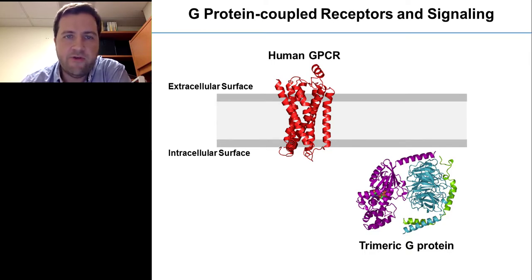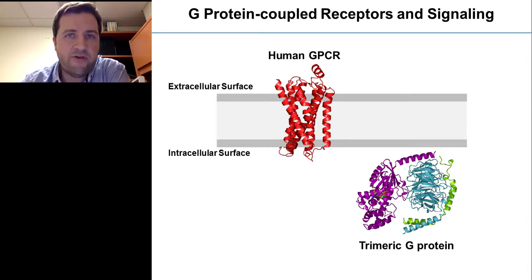And the GPCR is shown here in a red cartoon passing through that lipid bilayer on the cell surface. It has a 7-transmembrane or 7-TM architecture. Inside of the cell, below the intracellular surface, you see also a trimeric G-protein complex, which I will describe its interactions with the GPCR on the following slide.